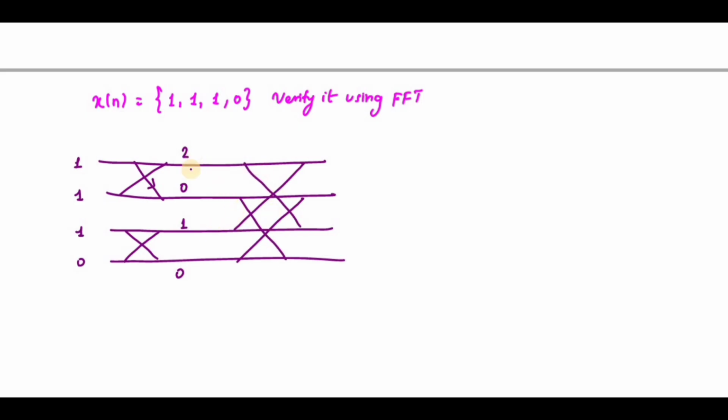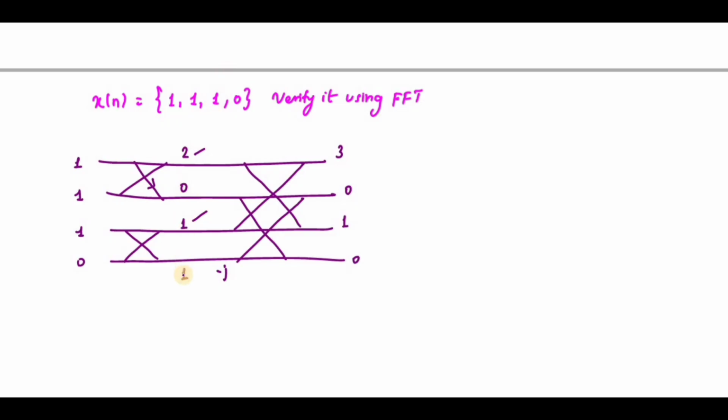Here if you add this, you will get 3. If you subtract this, you will get this and this. Next, you have to multiply minus j with this. Anything multiplied with 0 is 0, so you will get 0 and 0. So 1 minus 0 is 1, sorry, 1 plus 0 is 1 here.